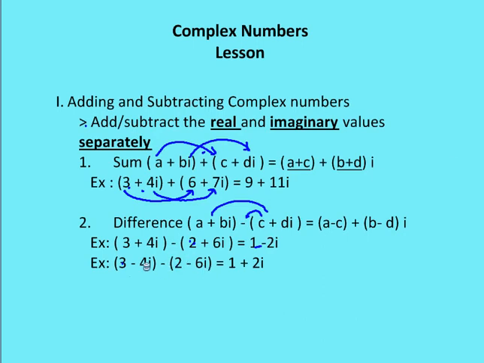That would be 3 minus 2, then minus 4i minus a minus 6i, which is the same as minus 4i plus 6i, which is the same as plus 2i. So now I have 3 minus 2, which is 1, plus 2i, and there's my answer, 1 plus 2i.